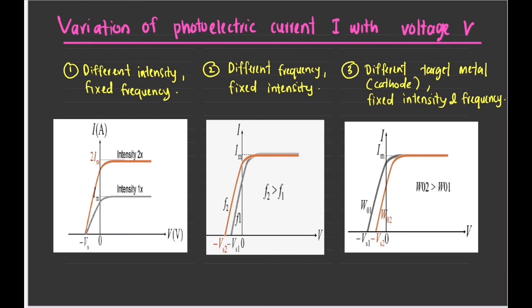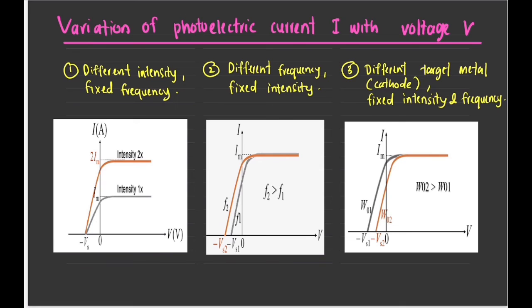This photoelectric current is directly proportional to the intensity of the light. The frequency is fixed, so all photoelectrons emitted have the same maximum kinetic energy. The same value of stopping potential Vs shows that the maximum kinetic energy of photoelectrons is independent of the intensity.